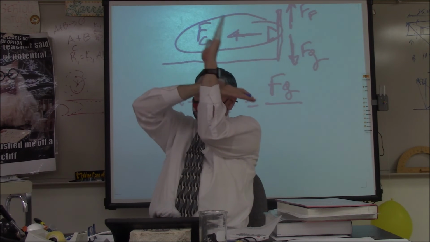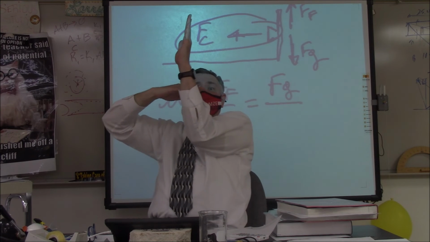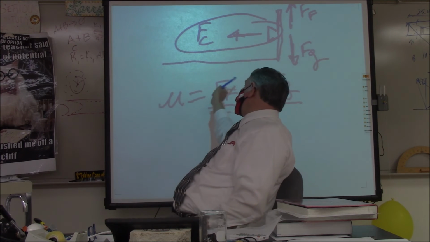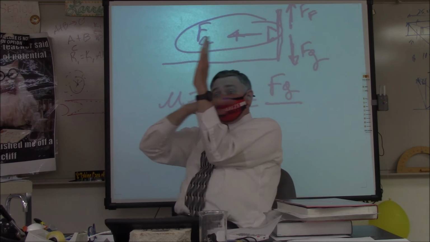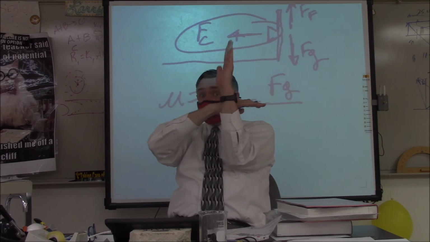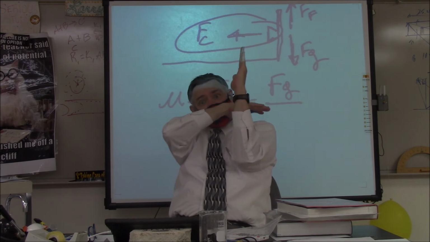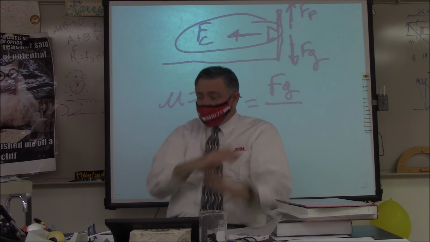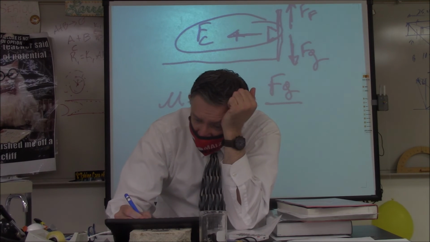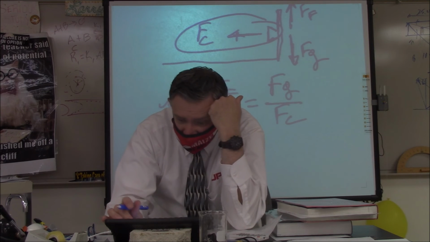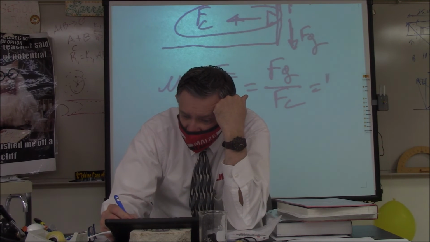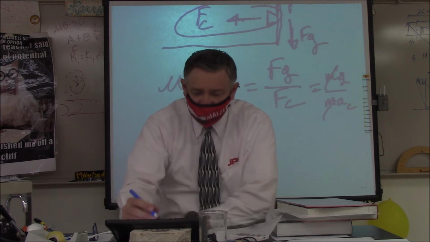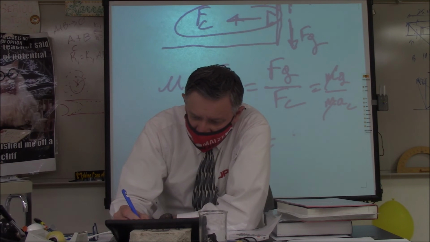So if I go completely vertical, the normal force is my centripetal force, because that's what's acting at a right angle to the surface of the platform, okay? So instead of normal force, I'm going to have that being my centripetal force. So then I can go, oh, that's mg, that's mass times my centripetal acceleration. My masses cancel out. One version of this is you get g over ac.